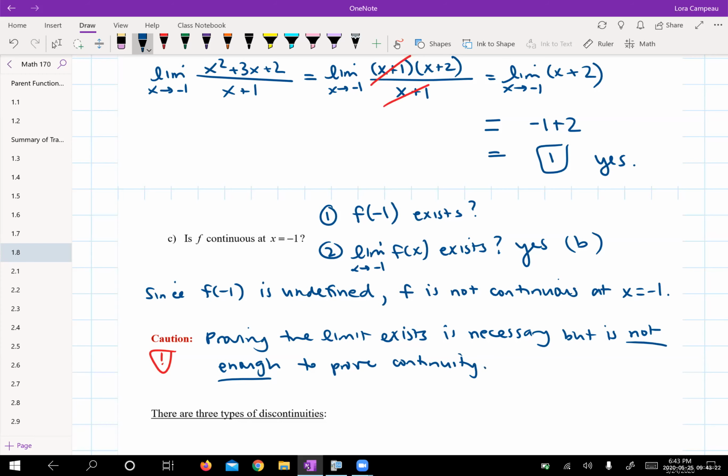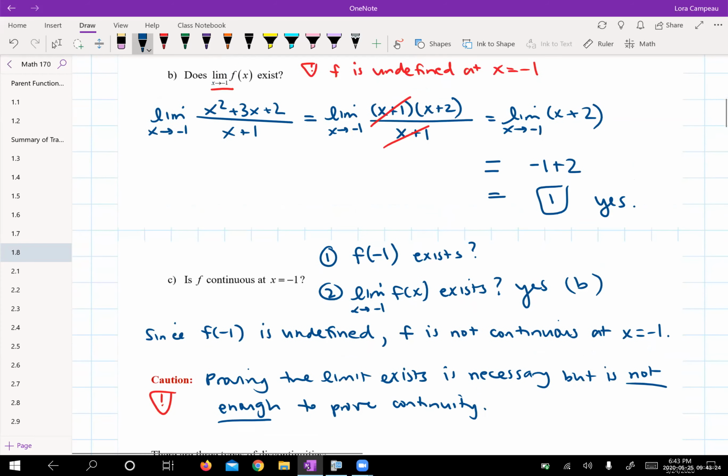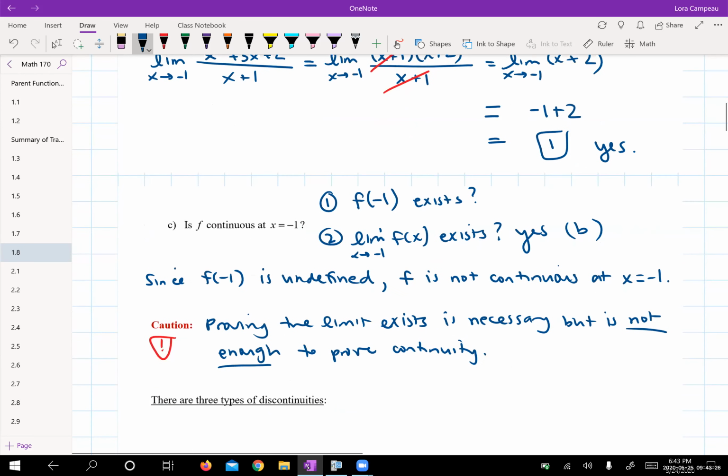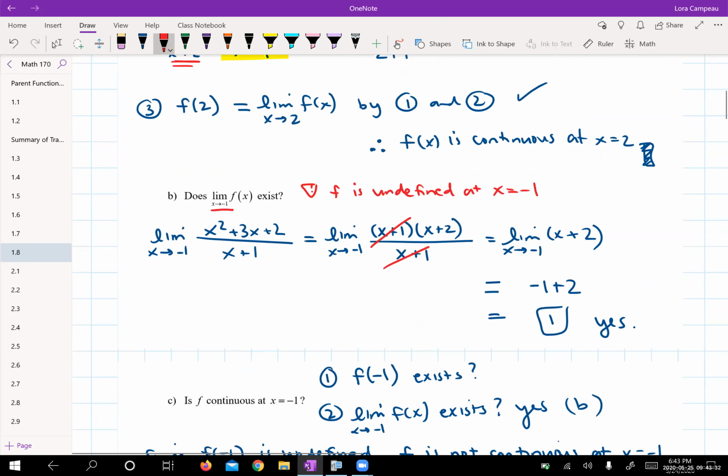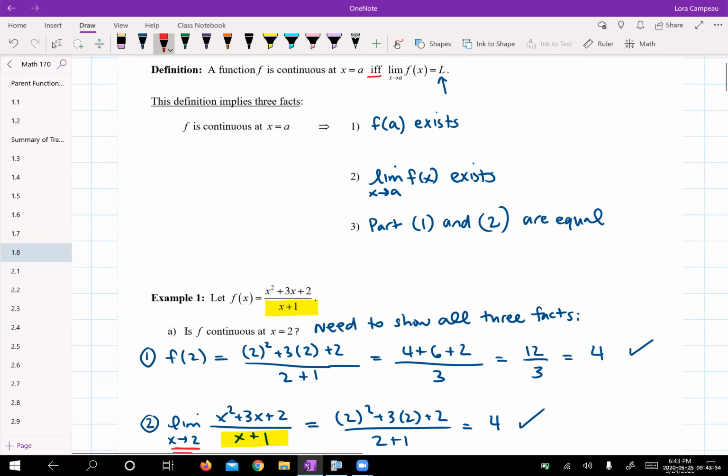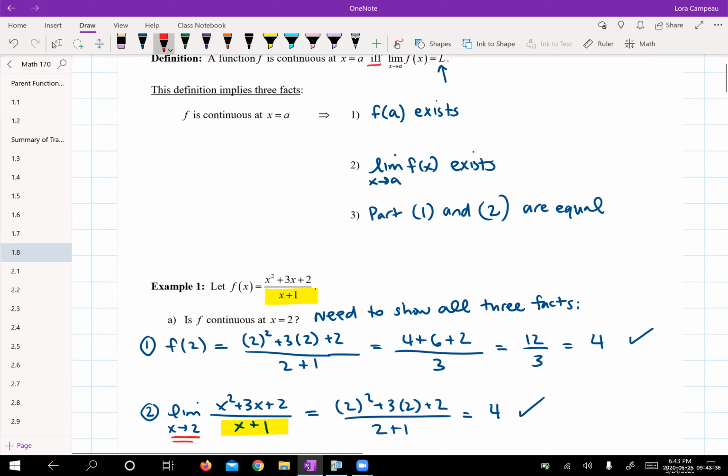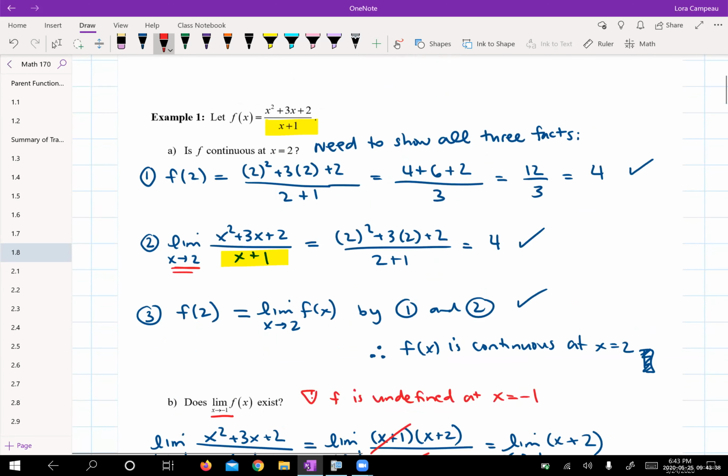And that was the example we're trying to demonstrate if we're looking at part B versus part C. Remember, we only talked about item number 2 in the continuity definition, but you need to verify that all 3 facts are clear.